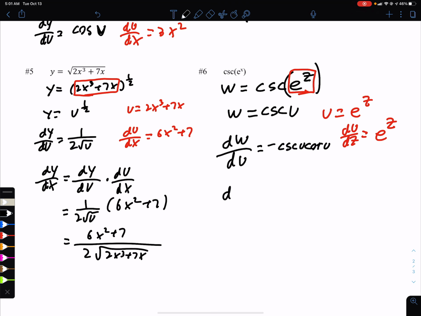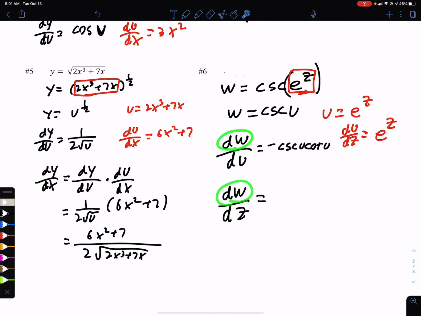We want dw/dz. Why that? Just a reminder, I rewrote it that way. So it's the change in w with respect to z that we want. But where are we going to find a dw?